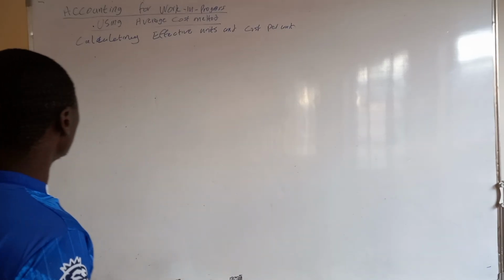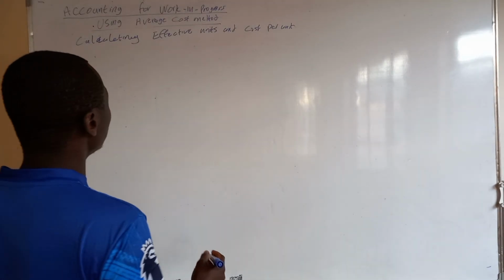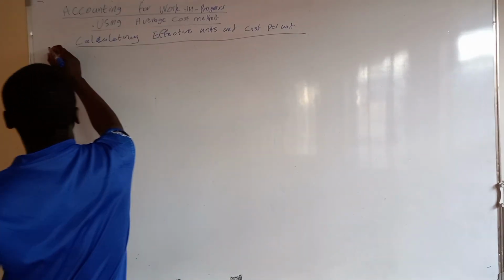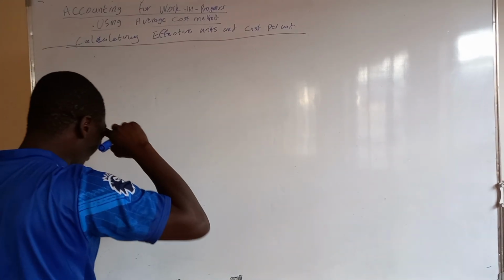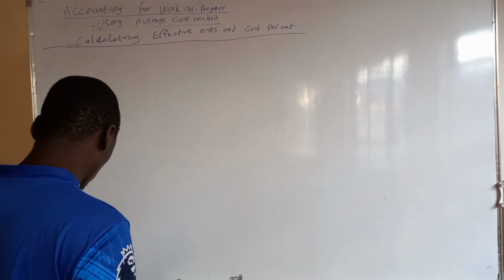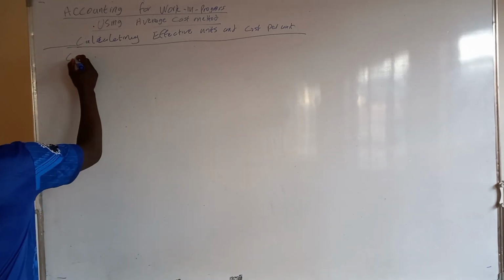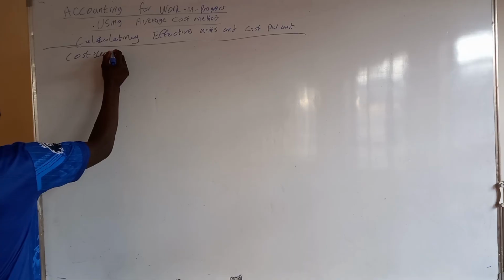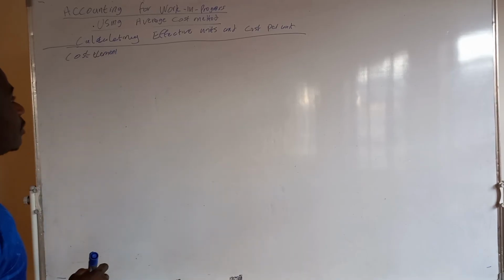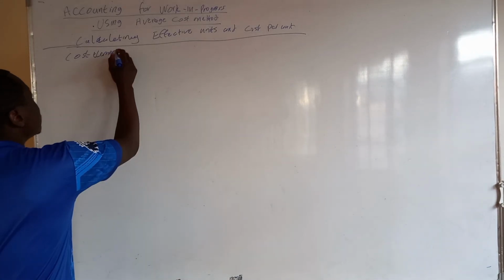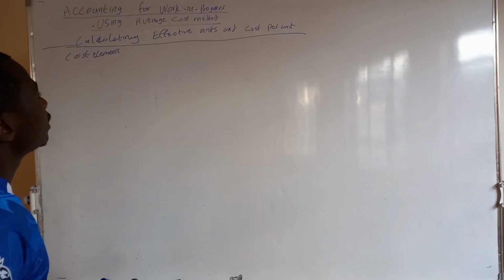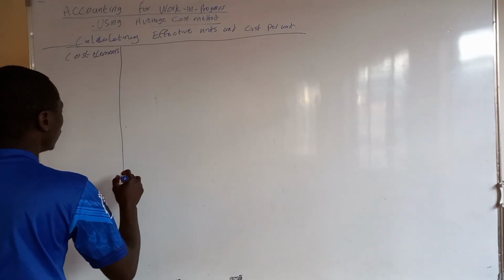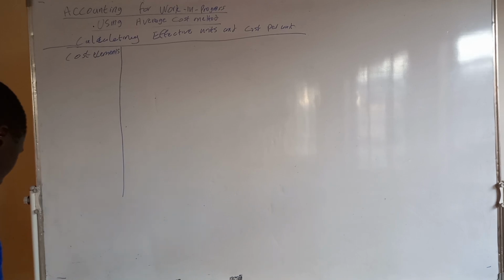Now, what we are going to do, we go draw a table. The first thing you understand, we have cost elements, the same way we did before. Then you draw a line. What are our cost elements?